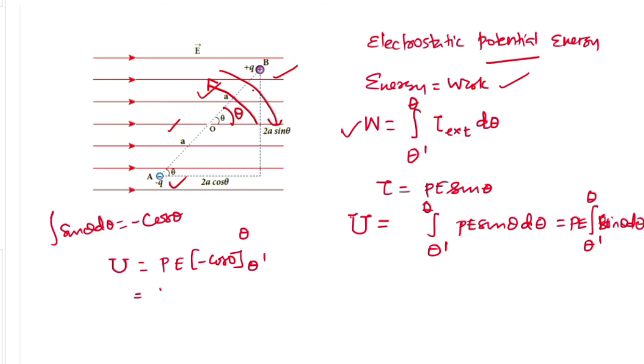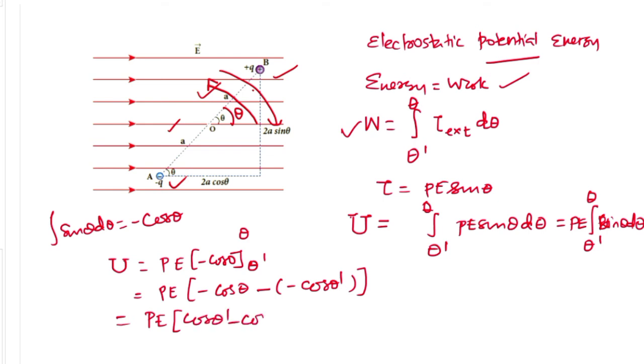That is, minus cos theta minus of minus cos theta prime. So PE into (cos theta prime minus cos theta).